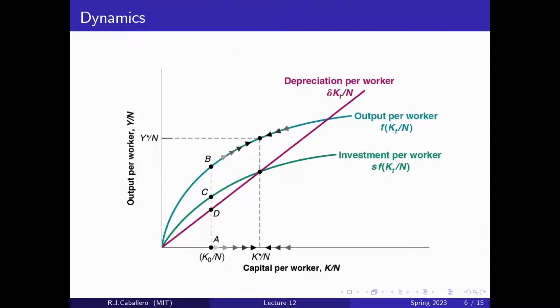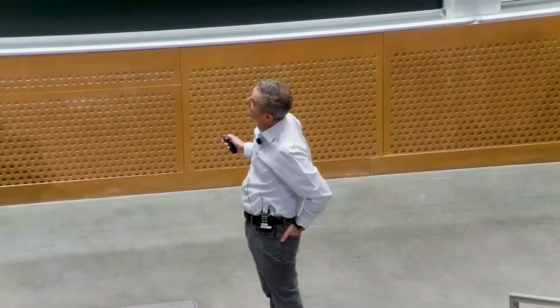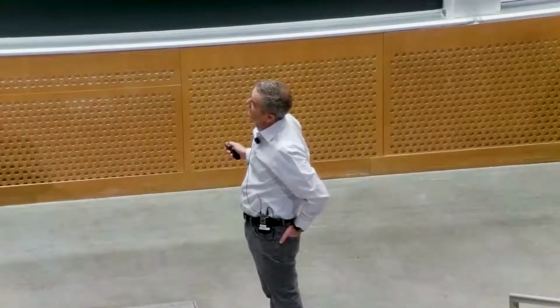And it's a linear function of the capital per worker. The blue line here is output per worker, which, as we said, is a concave function of K over N. Remember, I showed you that production function in the previous lecture. There you are. Okay? What is the green line?